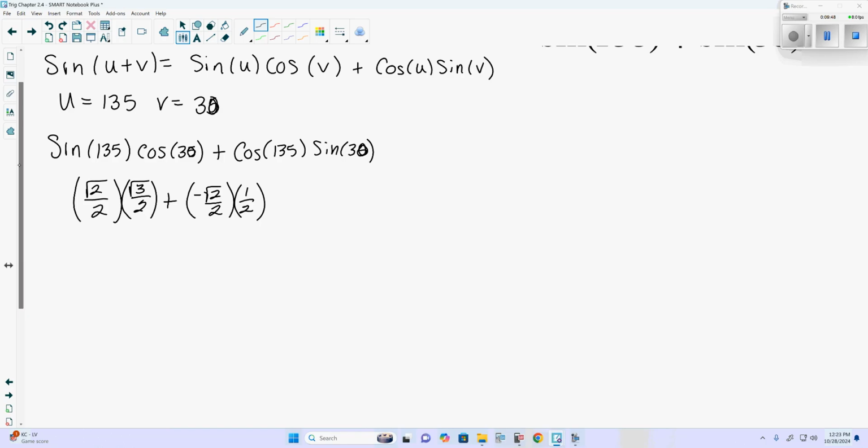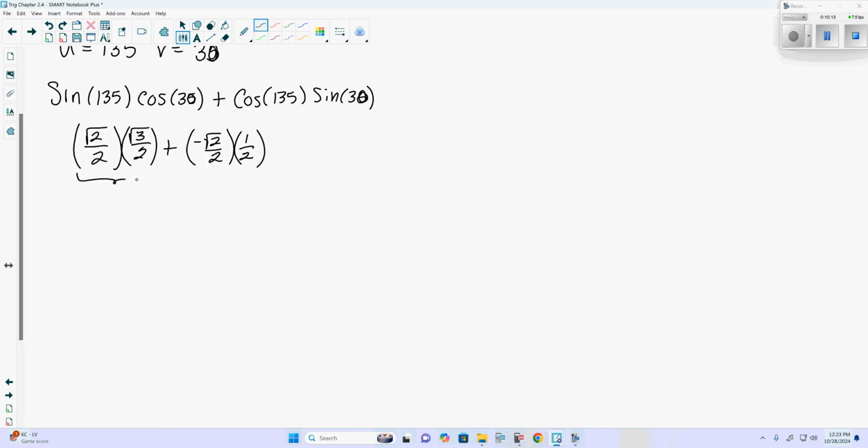Questions on how we got to this here? Now at this point here, we just need to multiply these together. Really at this point, we could type it all in the calculator. It would do it for us. Our first one here, square root of 2 over 2 times square root of 3 over 2.